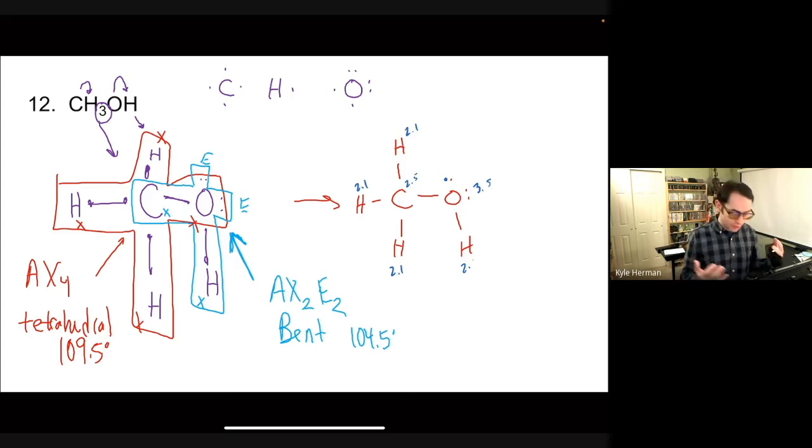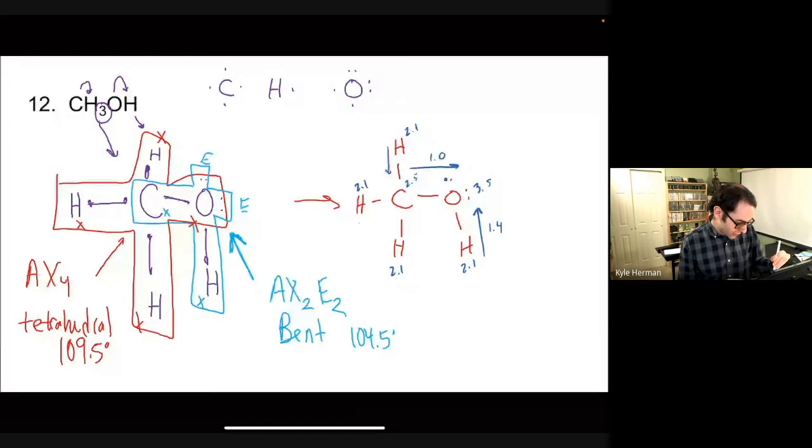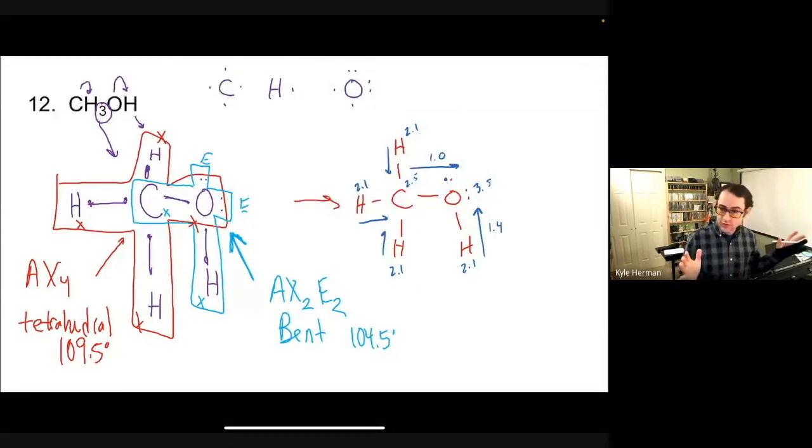Now, there are exceptions to that, but as you can see here, we have it moving in this direction by 1.4. We have it moving in this direction from the carbon to the oxygen by 1. And then all of these hydrogens are also going to be moving in towards there, but less important, because they're further away, but that's okay. We see overall that this is the high number and that most of these things are going towards it.